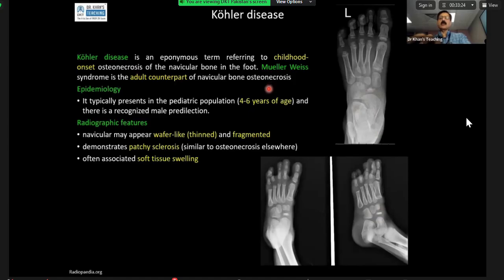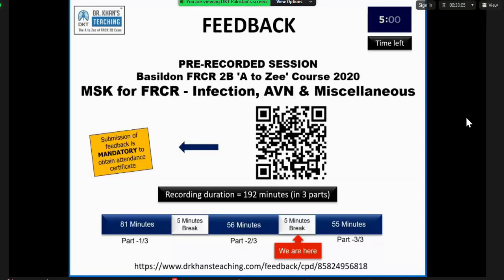Nobody's asking you the names, but please remember the concept that Köhler, by definition, was childhood, but it can happen in adulthood. Age 4 to 6 years, wafer-like thin, fragmented, patchy sclerosis, soft tissue swelling can be there.